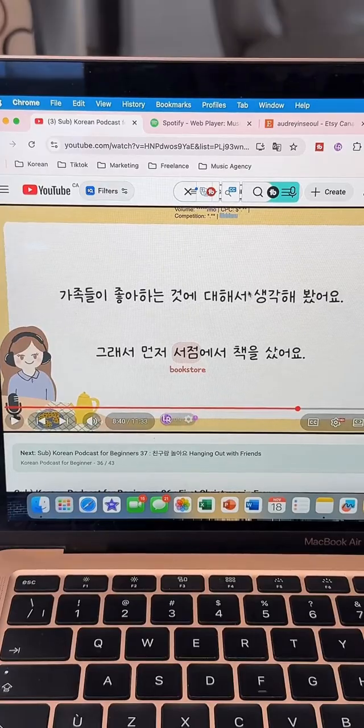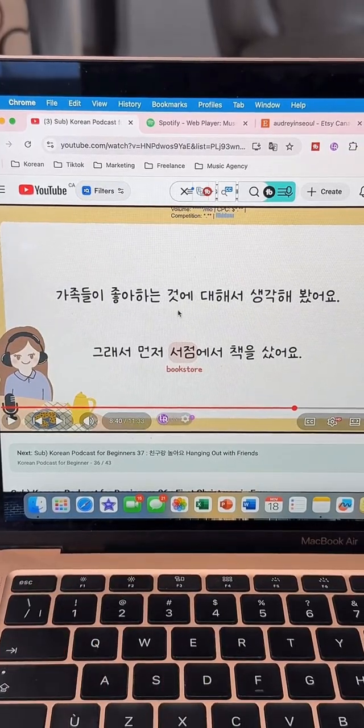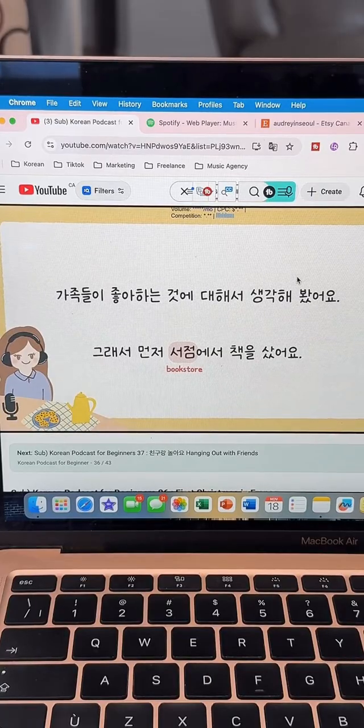So here, 대해서 is about. Most of the time, also when there is the 서 particle, we know that it means like a 서 because. So it can also mean like that, right? But here, it's a cause, but it doesn't necessarily say because. So let's think of it as about. And then we have 생각해봤어요. So here we have 생각하다 from the verb to think once again, and 봤어요, which is from the verb 보다, past tense. However, a lot of times the verb 봤어요 can be used as trying to do something.